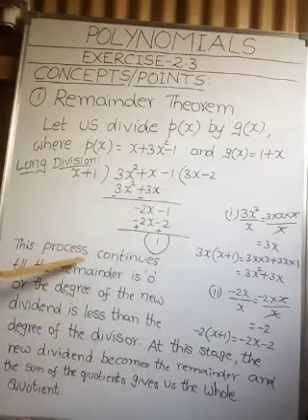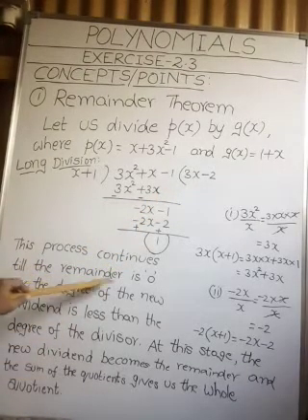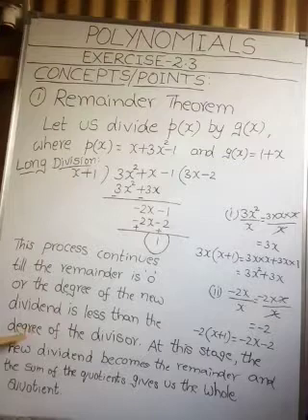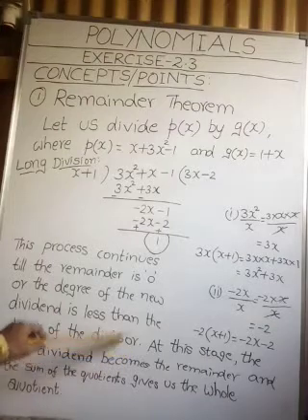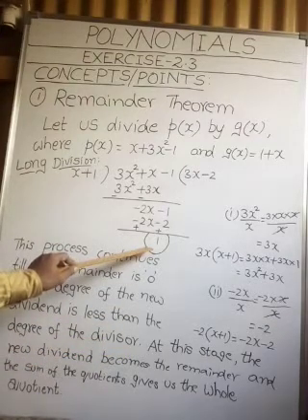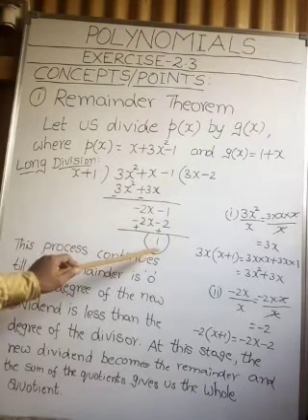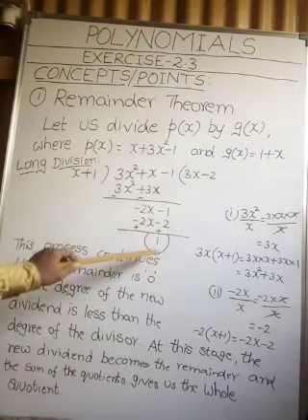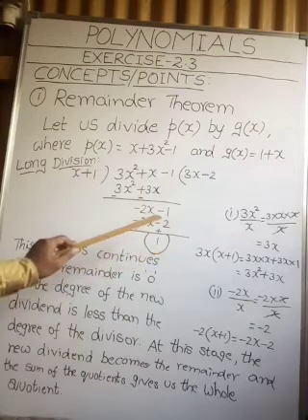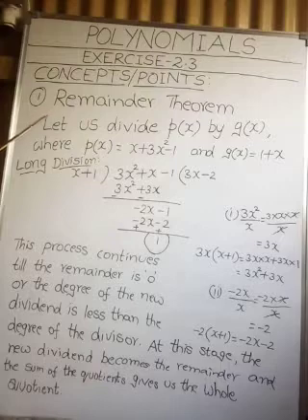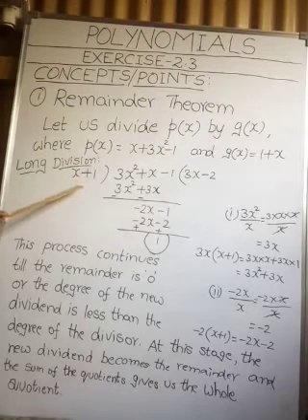So this process continues till the remainder is 0 or the degree of the new dividend is less than the degree of the divisor. What I said, that point here, the same point. This long division ends. Stop the long division when you get a remainder 0 or the degree of this new dividend is less than the degree of this divisor.